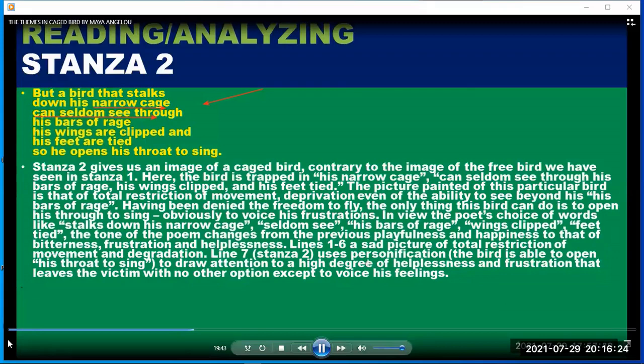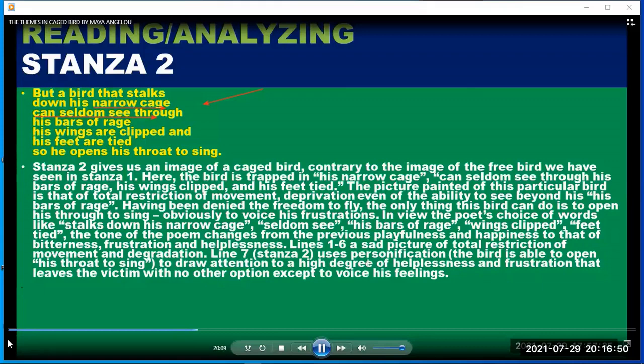It draws our attention to a high degree of helplessness and frustration that leaves the victim with no other option except to sing as a way of voicing his feelings. So I want you to understand what the poem is about. You need to be emotionally involved.